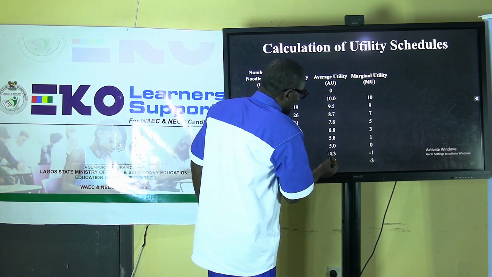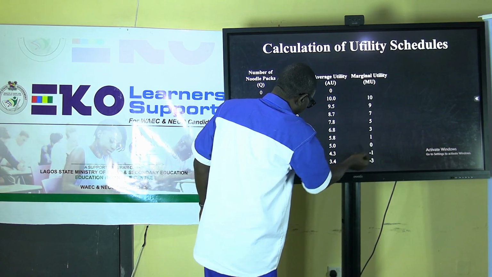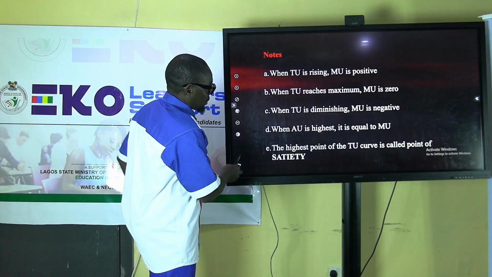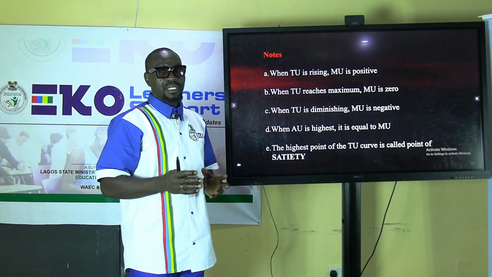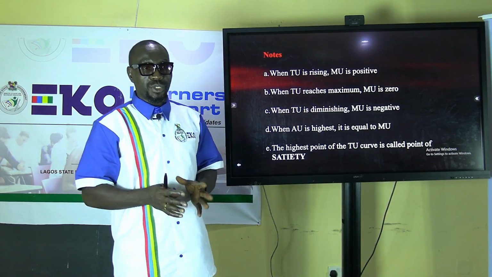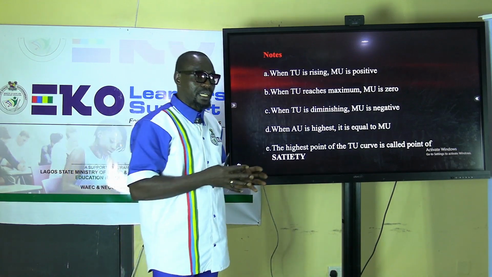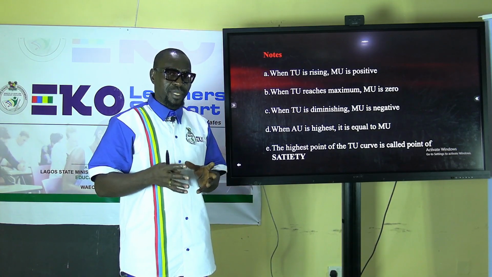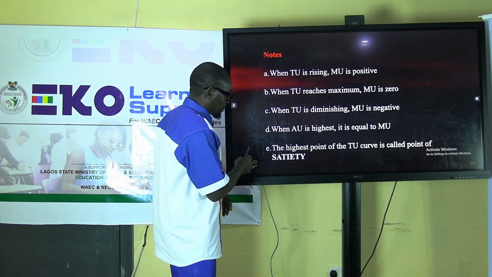We also saw that when marginal utility is 0, total utility is at its highest. So the relationships between the utility concepts of TU, AU, and MU can be explained in a graph and also in a schedule, or are clearly depicted in a graph and in a schedule as well.